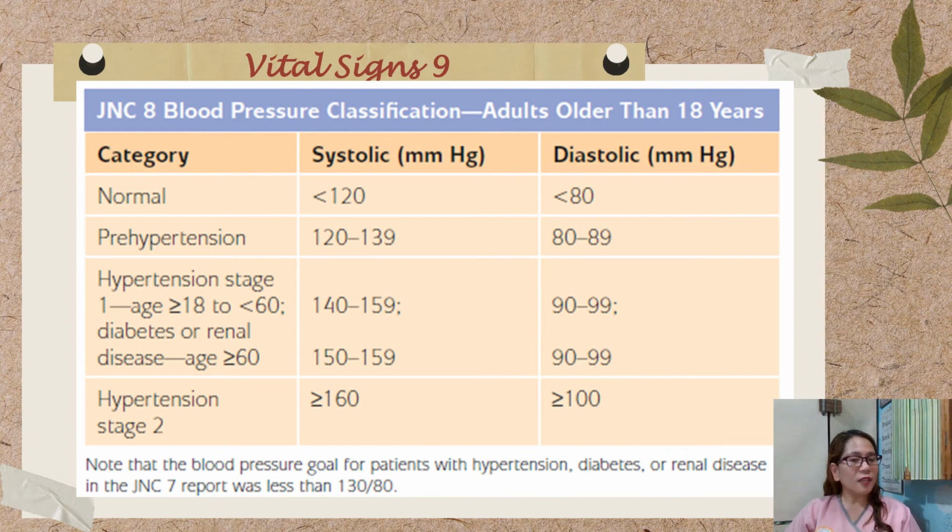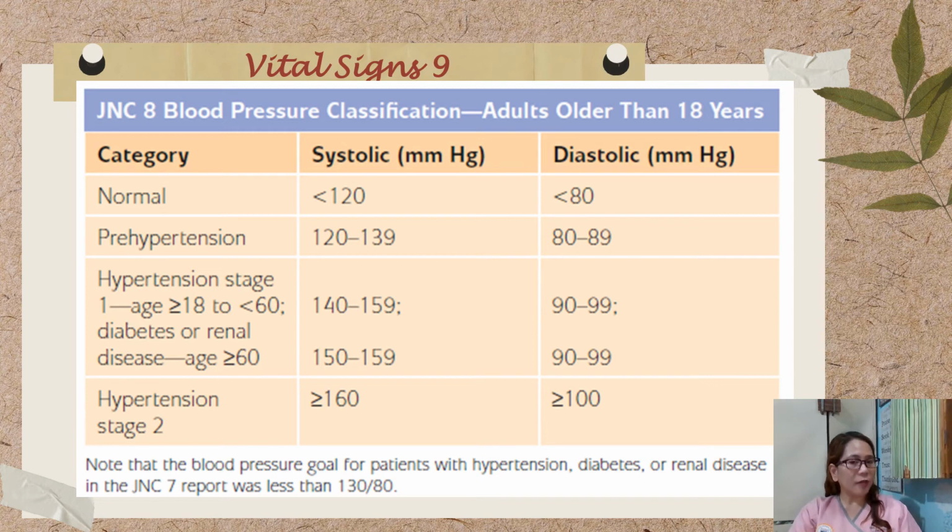The Joint National Committee on Prevention, Detection, Evaluation and Treatment of High Blood Pressure identifies the following, no? Blood pressure classification for adults older than 18 years old. These are the categories.